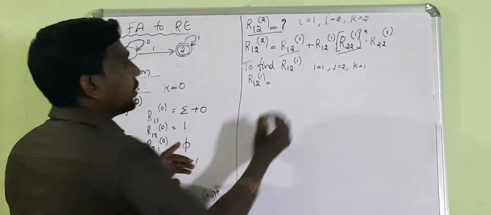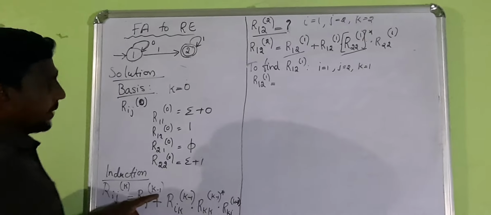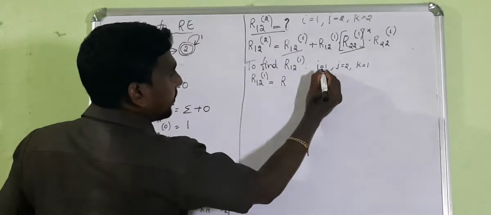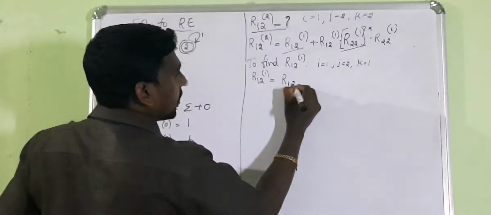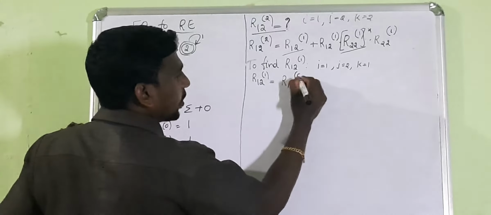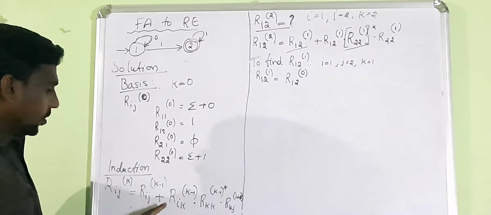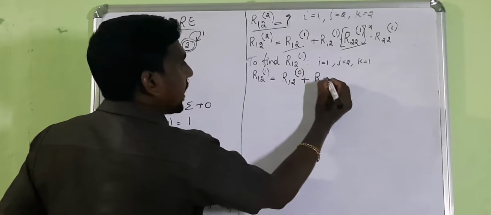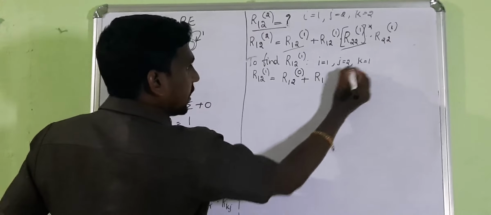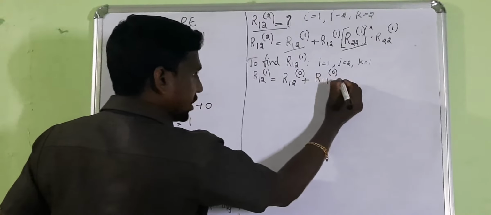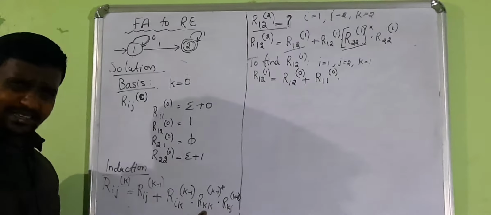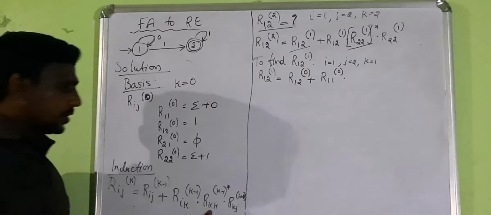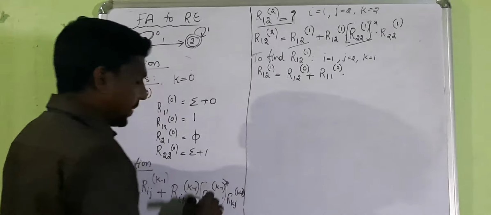So R12 power 1 equals Rij power K minus 1: I means 1, J means 2, K minus 1, K means 1 minus 1, that is 0, power 0, plus Rik power K minus 1: I value is 1, K value is 1, power K minus 1 is 0, into Rkk power K minus 1 the whole star.